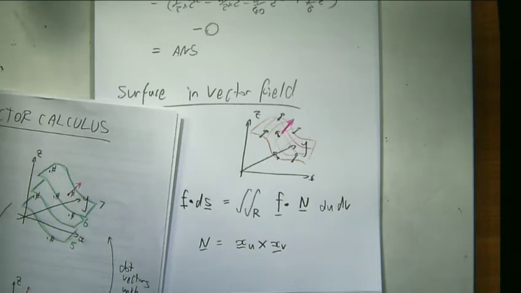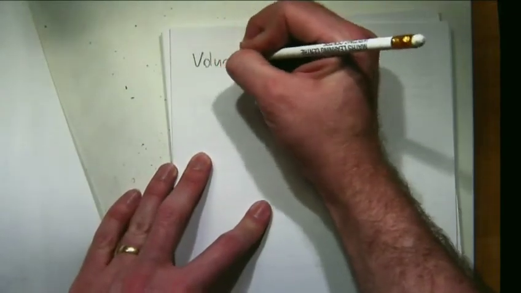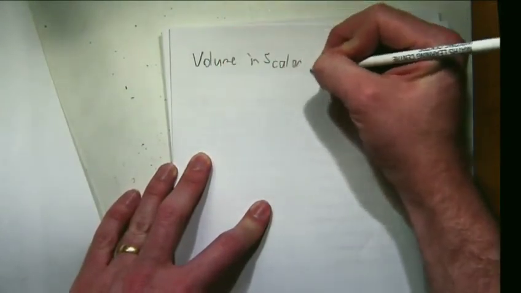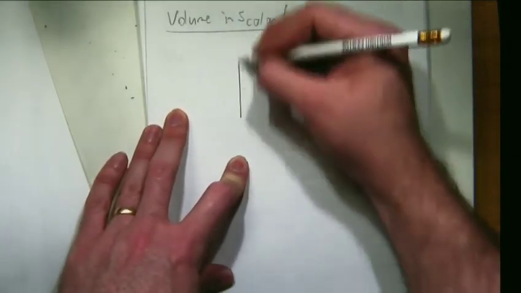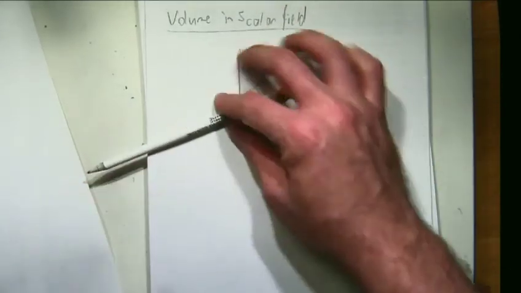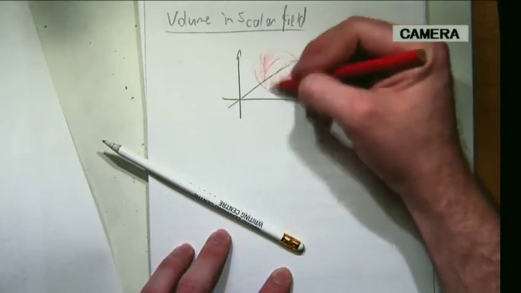Your volume integral is the same as a surface integral. There's just 3 directions to do it in. All right, so there is one final thing. There is a volume integral across a scalar field. And so what you end up with is some sort of wicked volume, and it's all coloured in on the inside.